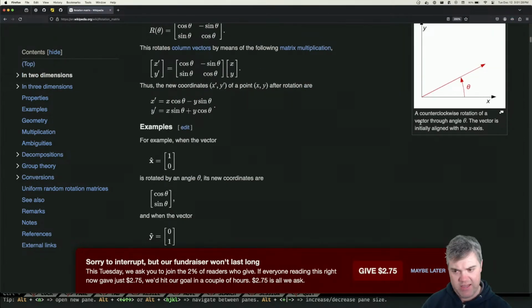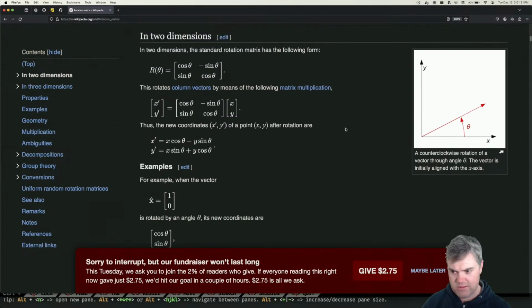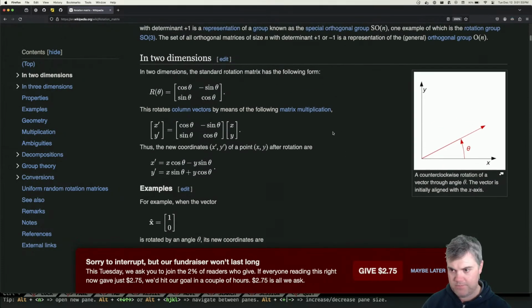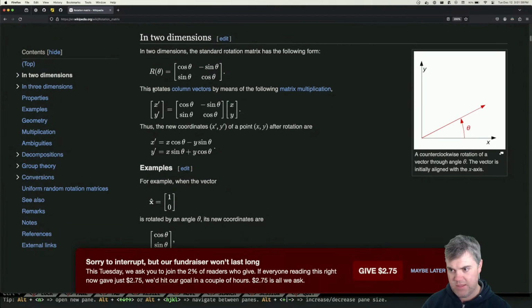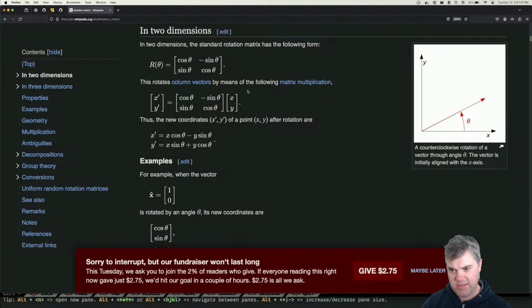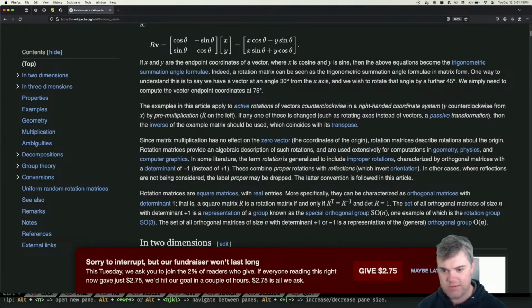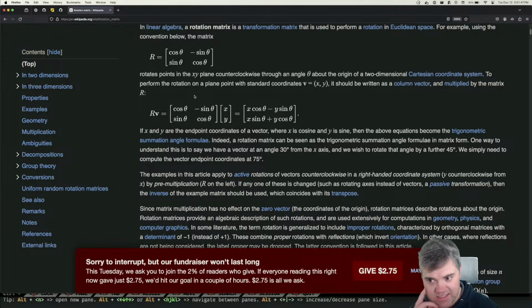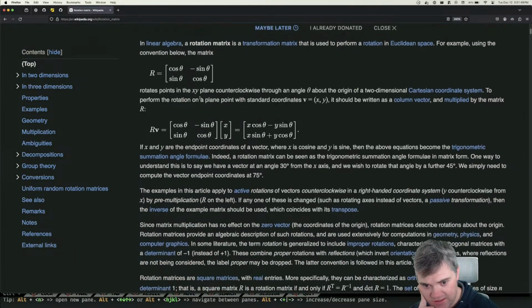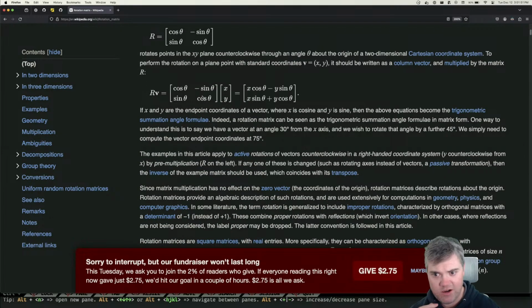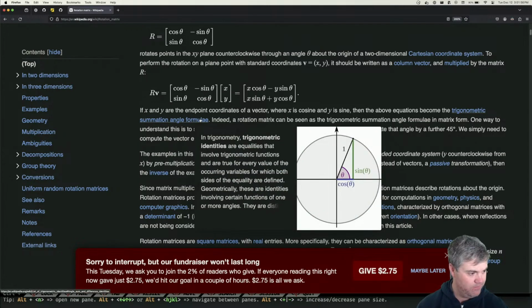Counterclockwise rotation of an angle. This rotates column vectors by means of, hold on. This type of stuff, I'm very hard to read these.